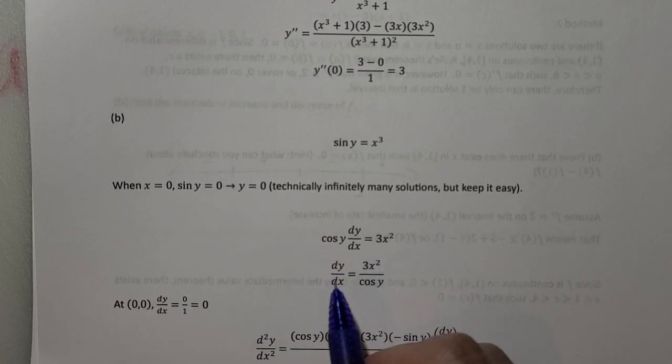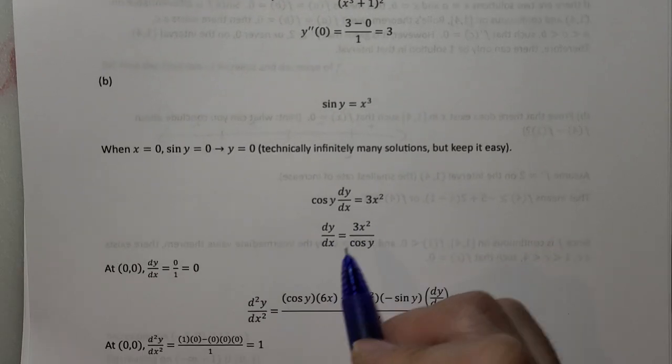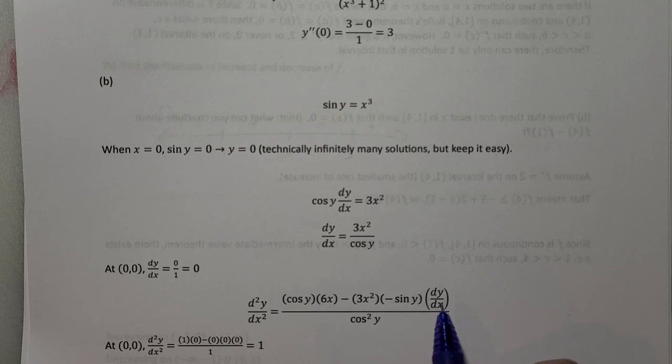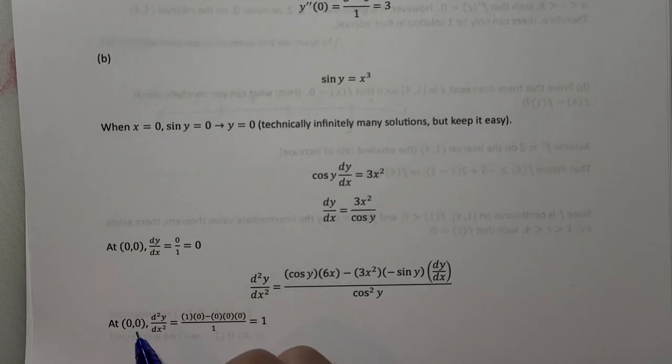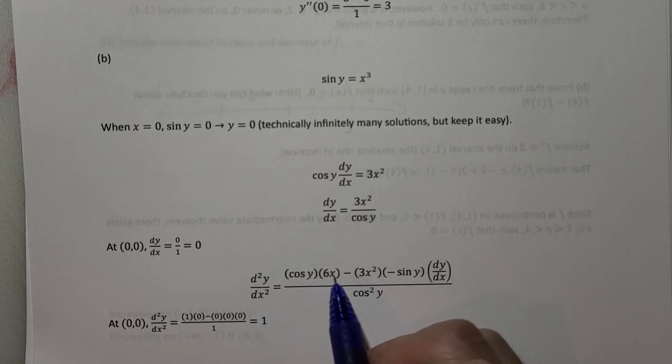Now we differentiate this again with respect to x, and we need the quotient rule. So bottom d top minus top d bottom, and we differentiated y, so we need to tack on a dy dx, over bottom squared. Okay, so now we evaluate again at 0, 0. We plug in, so y is 0, cosine 0 is 1, and this would be 0.